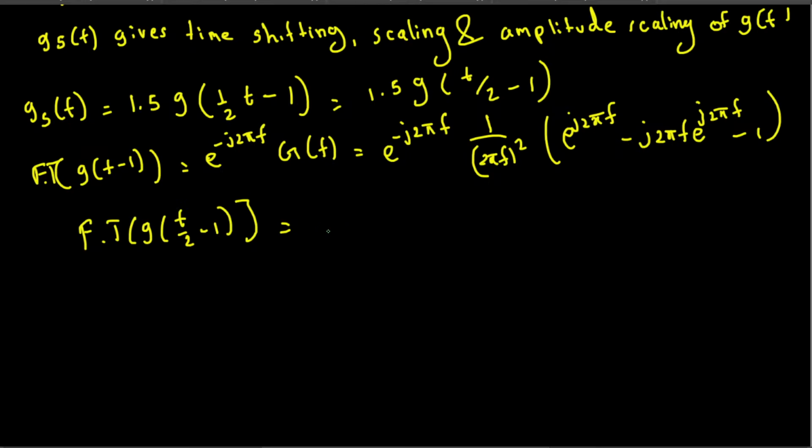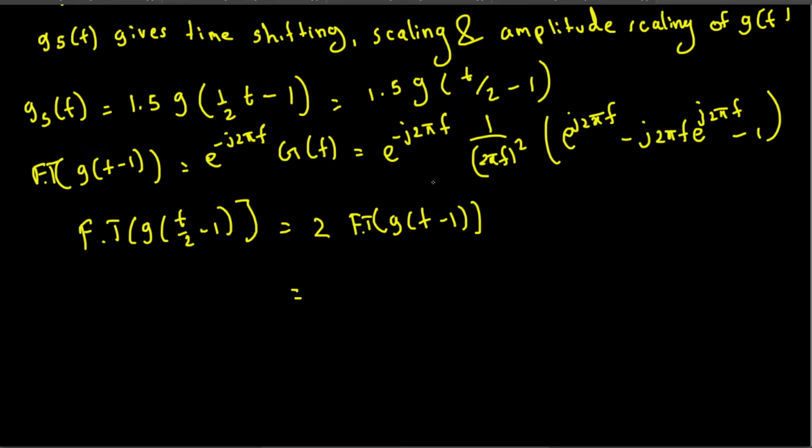So if you multiply 2 times the Fourier transform of g of t minus 1, then you will get t/2 minus 1.